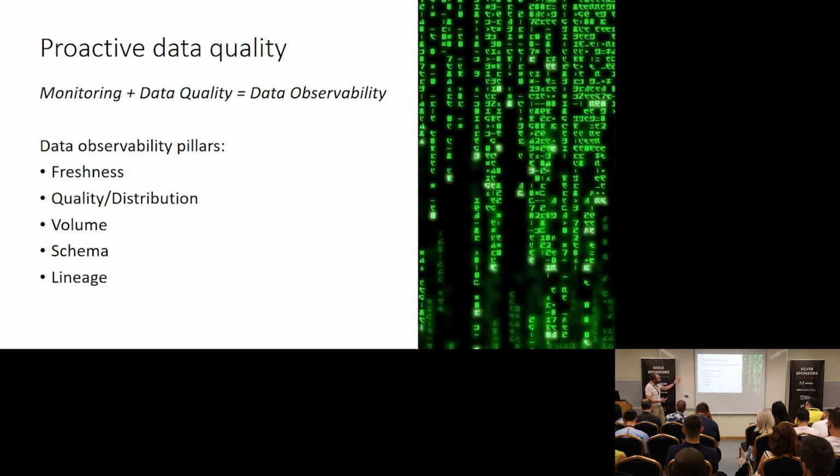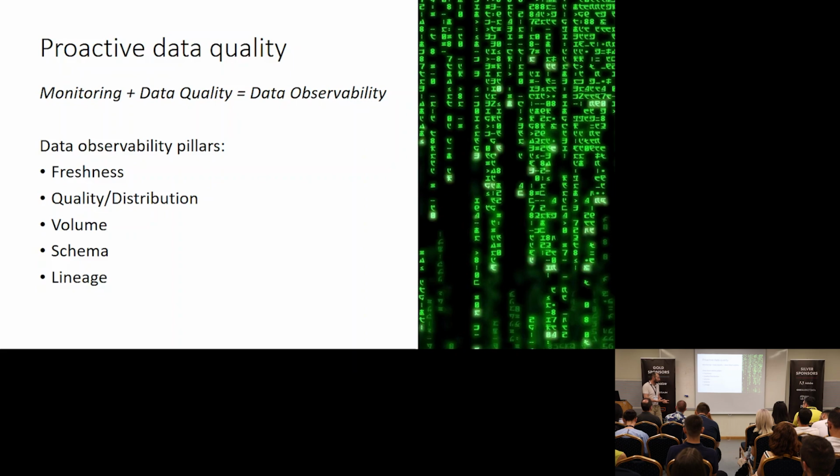The 5 pillars or 5 sections of data observability are, first, freshness. We discussed freshness: we want everything to arrive in time and be available. Distribution or quality: again, we want everything to be accurate, in correct ranges, no outliers, no strange values, and so on. The volume of the data should be consistent.